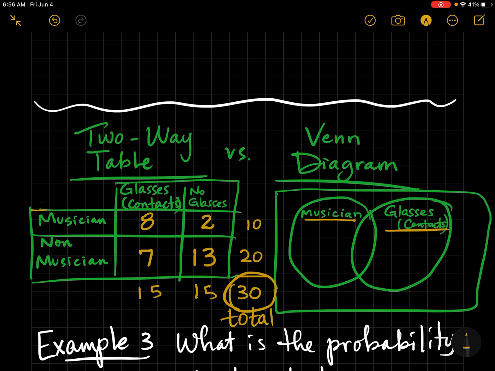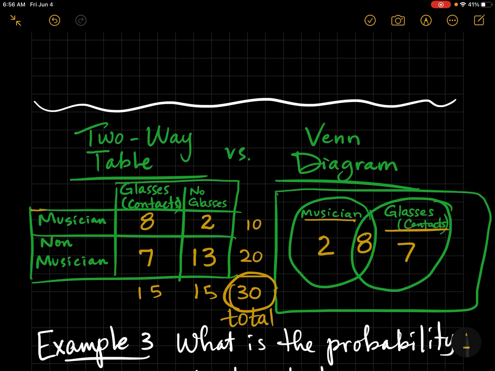Okay. Another way that you could illustrate this same information is a Venn diagram. So how many people, if I were to make my bubbles musicians and people that wear glasses. So there are 8 people that fall into both categories. There are 2 people that are musicians but don't wear glasses. And there are 7 people that wear glasses but are not musicians.